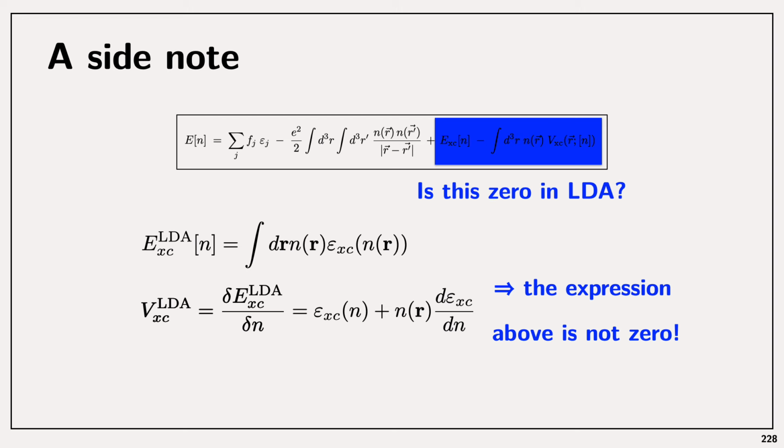Now, LDA, historically, you would not expect it to be too good, but it turns out, and this was quite surprising actually, that in spite of just including the corrections related to the homogeneous electron gas, LDA was in fact very successful.